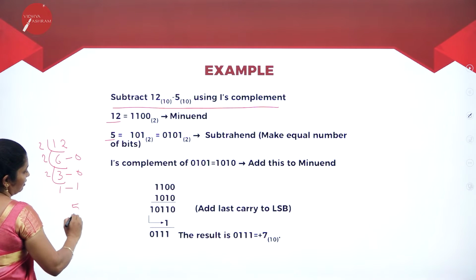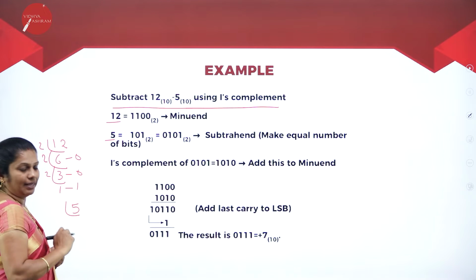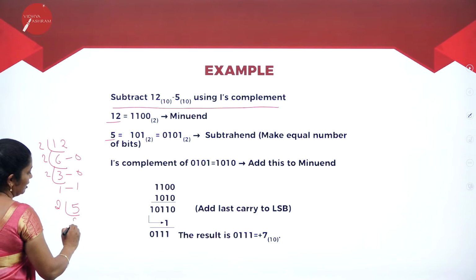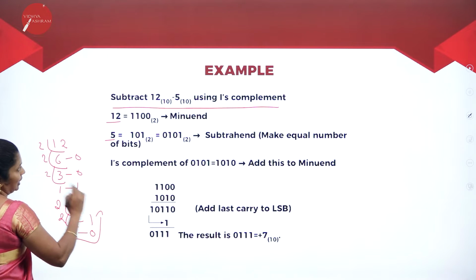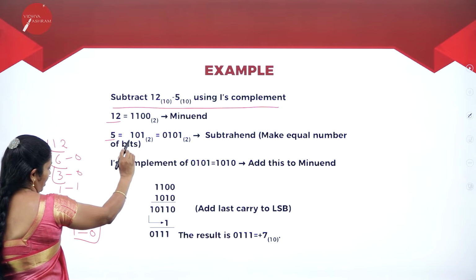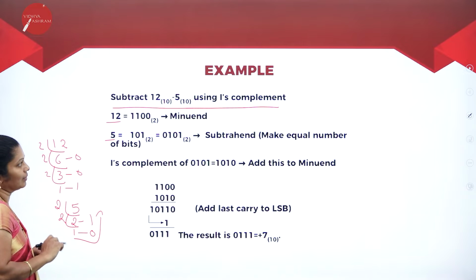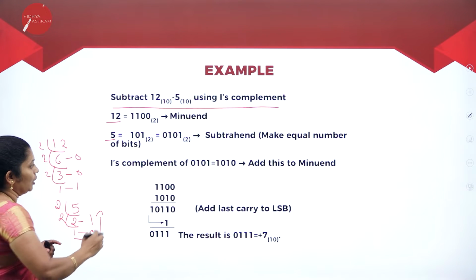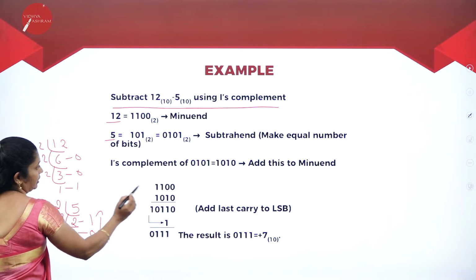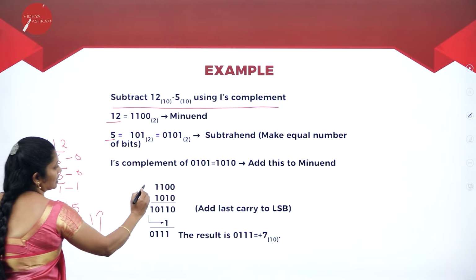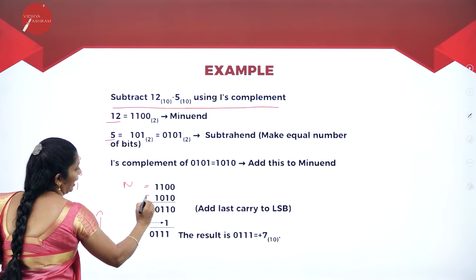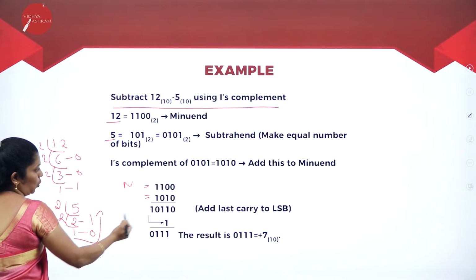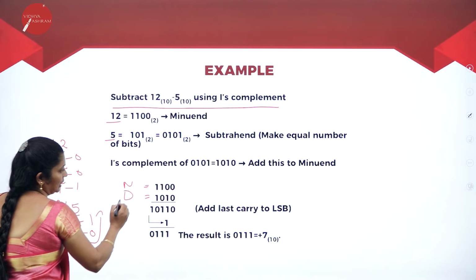In the same way, for 5 you have to find the binary number. 2 2s are 4, remainder 1. 2 1s, remainder 0. For 5 it is 1 0 1, that represents the subtrahend. The numerator value is 1 1 0 0, and 1 0 1 is the denominator value.